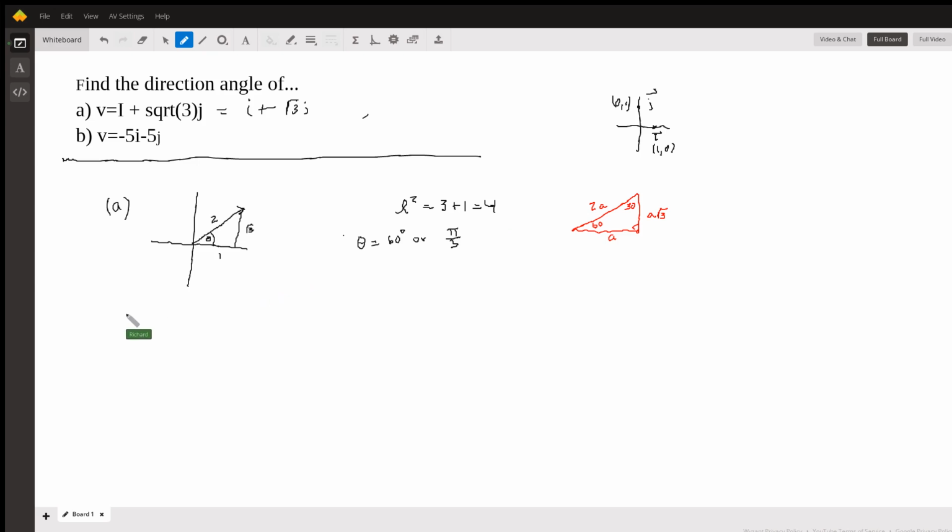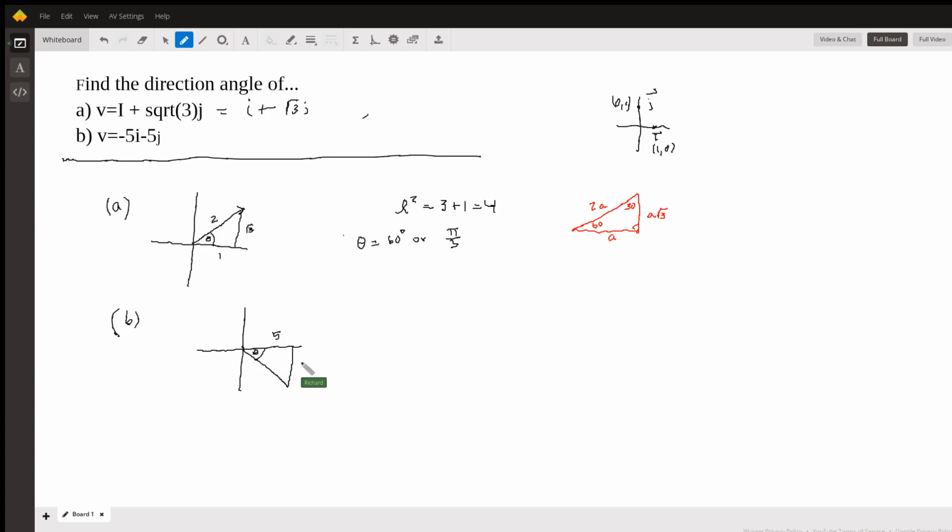Okay, let's look at the next one. So this is (5, -5). So our angle is going to be in the 4th quadrant here. Here's theta.